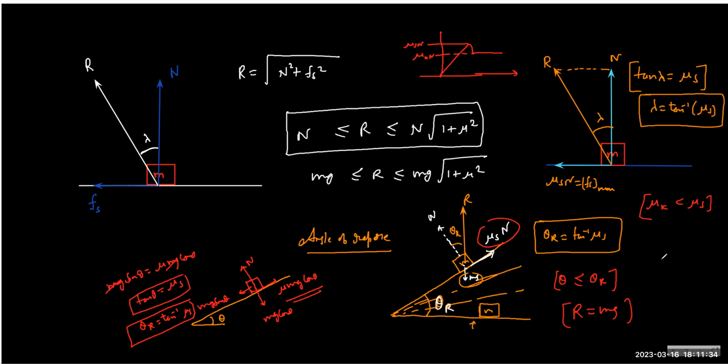But anyway, the moment you grow beyond this value, now the angle will actually be, the R will not be vertical. R will be towards left or towards right or vertical, I mean, this line. What do you think? Towards the left. Now the R will be something like this, and it will tilt by some angle.